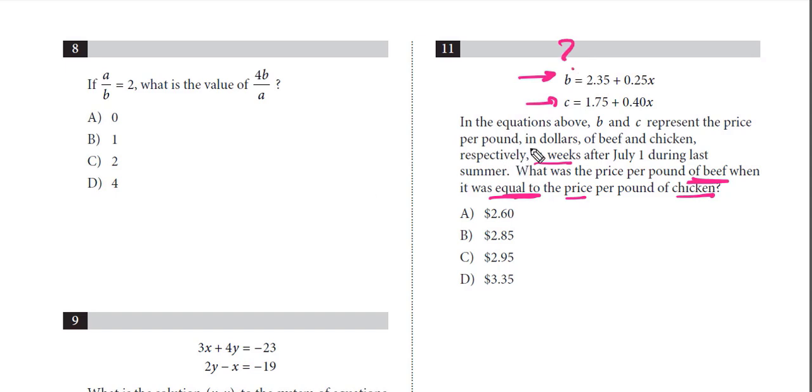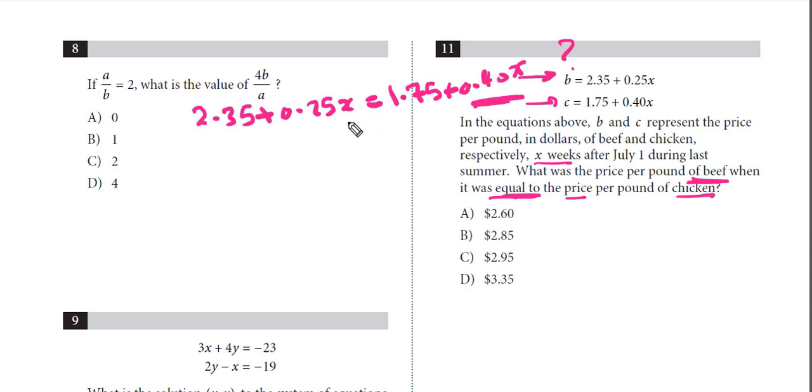This is the question. Beef is equal to the chicken, then you will set them equal. b is equal to c, then 2.35 plus 0.25x is equal to 1.75 plus 0.40x.